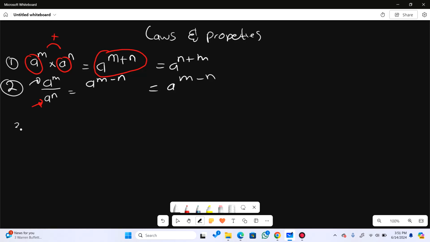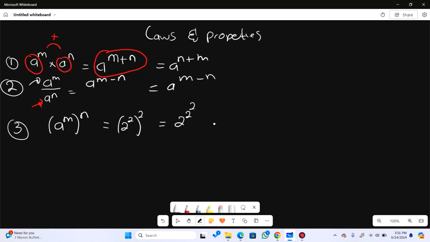Okay, so then come to property number 3. Property number 3 is the easiest one. You have (a^m)^n. The question many students ask is, if you have 2 raised to the power 2, and then raised to the power 2, what they do is they say this is the same as something that looks like that, which is wrong.